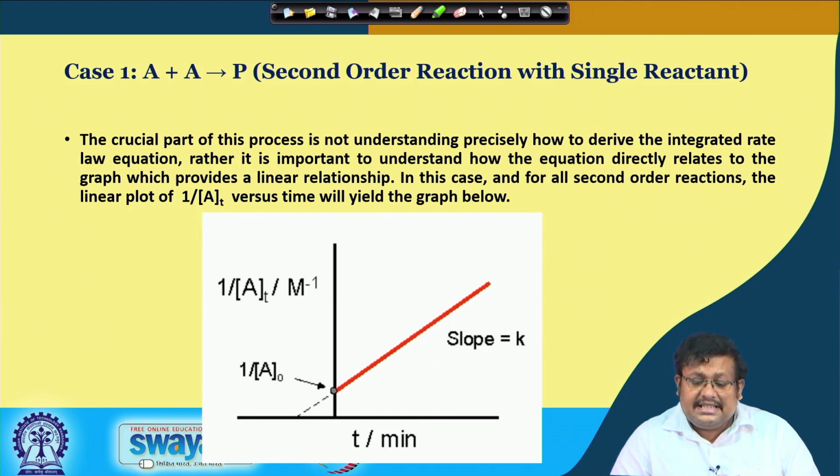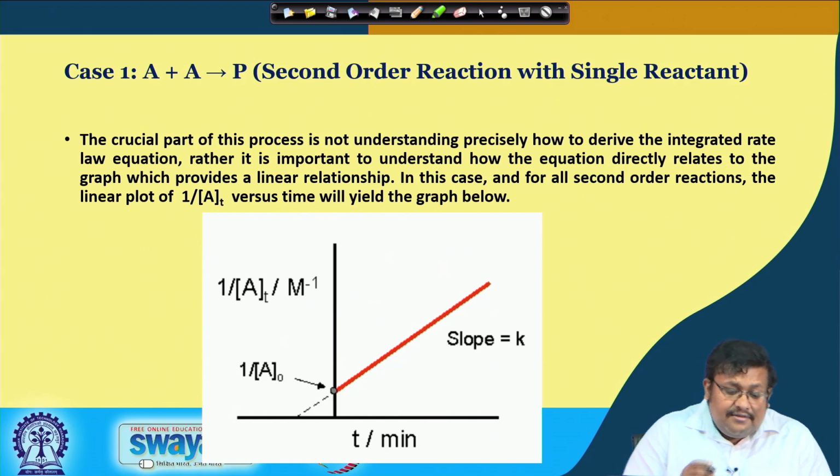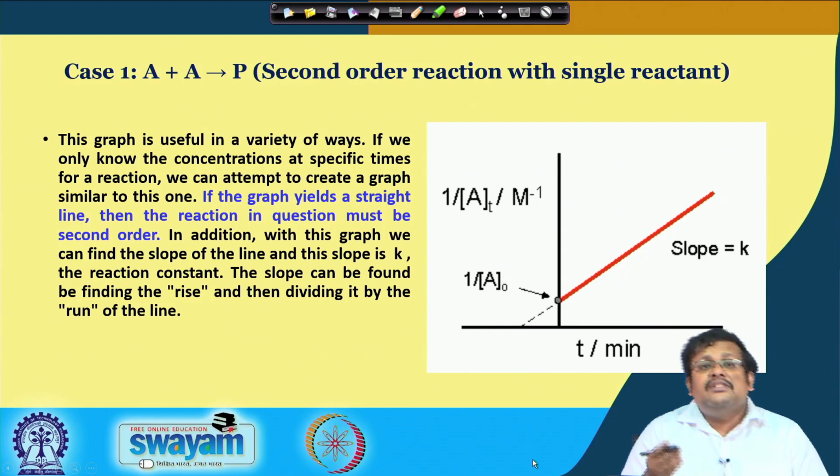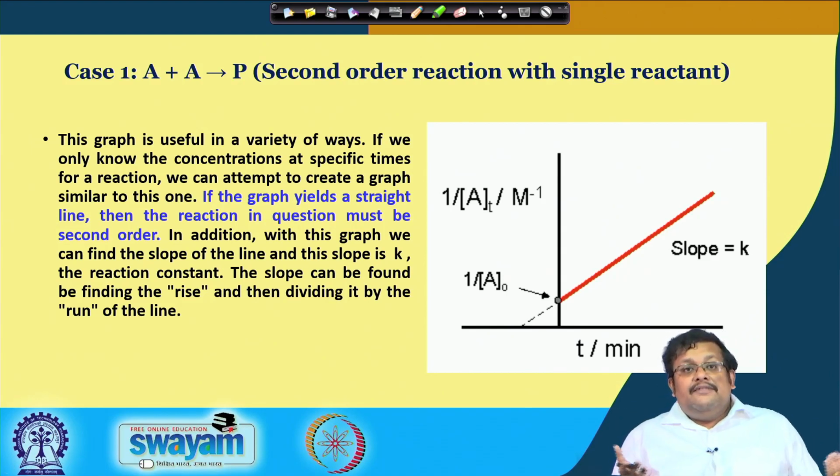So, for all second order reactions, the linear plot of 1 by A versus time will always give a straight line with a positive slope and slope value of k. So, this graph is useful in a variety of ways.